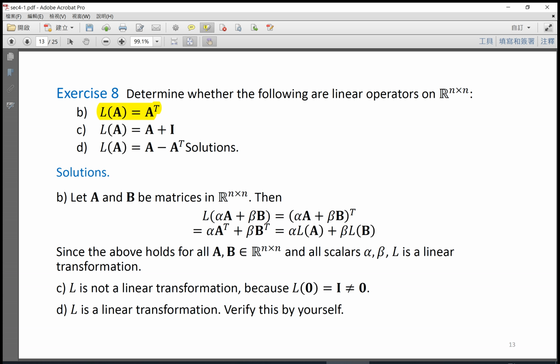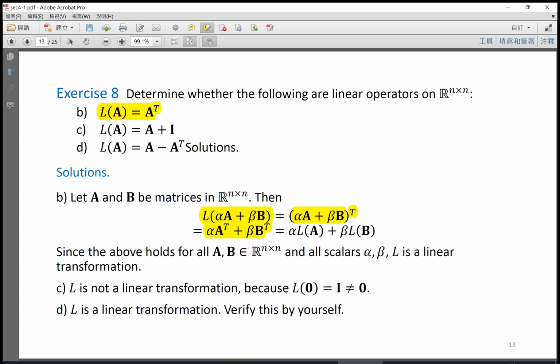To this end, we consider L of alpha A plus beta B. By definition of L, L of alpha A plus beta B equals the transpose of alpha A plus beta B, which can be written as alpha A transpose plus beta B transpose.